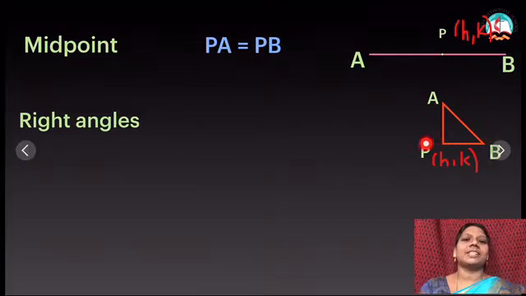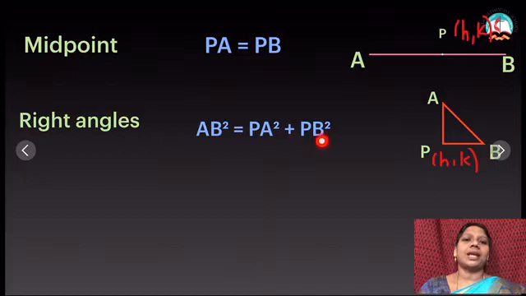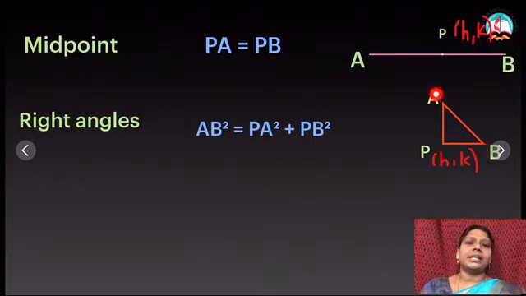Hypotenuse square is equal to side square plus side square. So here we are taking that as AB square is equal to PA square plus PB square. Here also we are applying only the 2-point formula to find out the distance between the point P and A. Okay, so that is the thing we learnt. Using that we solve problems also.